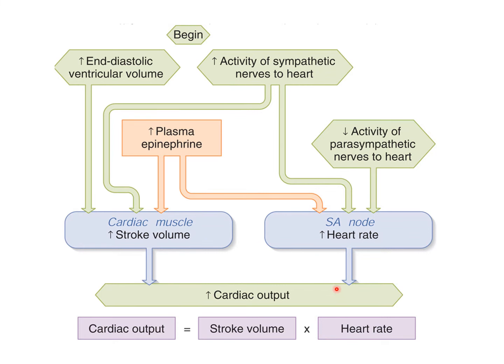Cardiac output, as a more complicated product, is influenced by lots of different things. Because multiple things influence heart rate, multiple things influence cardiac output. Multiple things influence stroke volume, so therefore these things all can affect cardiac output as well. For Frank-Starling's law of the heart, that's this one right here, end diastolic ventricular volume, that's an intrinsic property of the muscle.